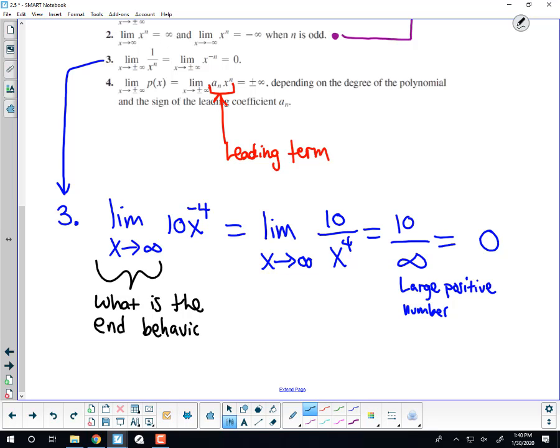So what is the end behavior of 10x to the negative 4? It's 0. Yeah, we were looking at it. As x approaches infinity, 10x to the negative 4 approaches 0. So that's the horizontal asymptote. Now we have a horizontal asymptote because as x gets larger and larger, the y values actually flatten off to something.